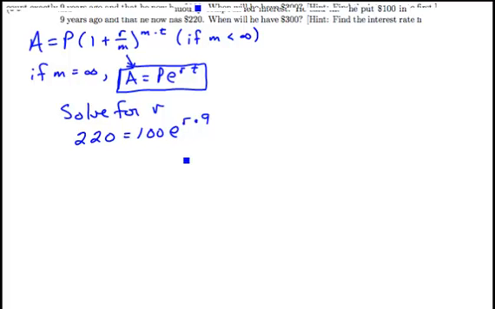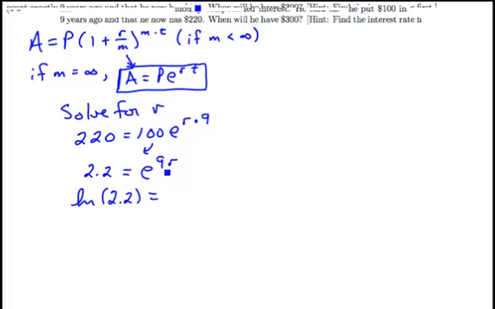Now we're down to an algebra problem. The idea here is to divide off the 100 to isolate the exponential first. So if I divide both sides by 100, I'll get 2.2 on the left and e to the 9r on the right. And now I'll use a logarithm to knock the exponent down out of the exponential. Since the base of the exponential is e, and since my calculator knows how to calculate natural logs, I'll use the natural log.